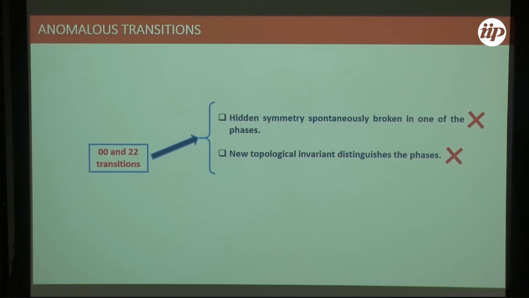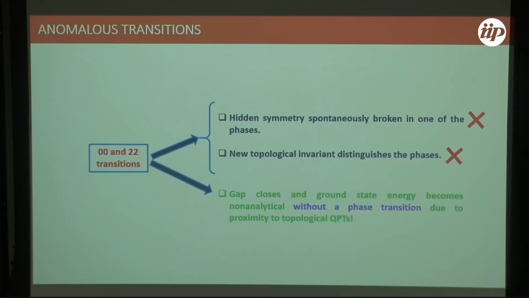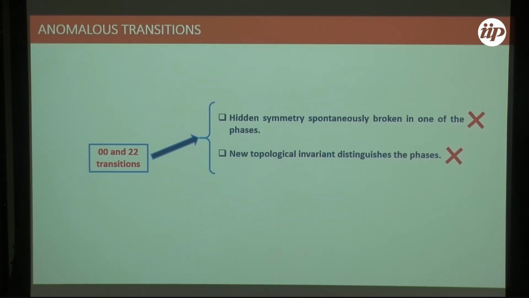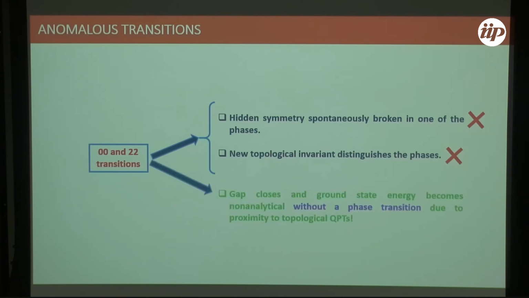But again, for the same basic fundamental reason as before, we can rule out this scenario. So this leaves us with the necessary conclusion that the gap is closing and the ground state energy is becoming non-analytical without a phase transition.